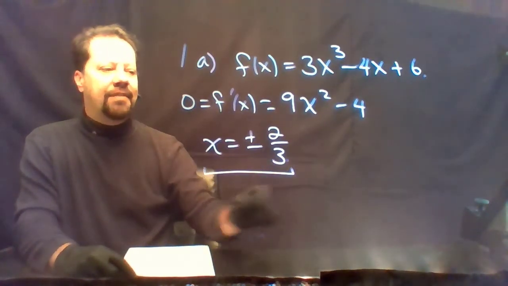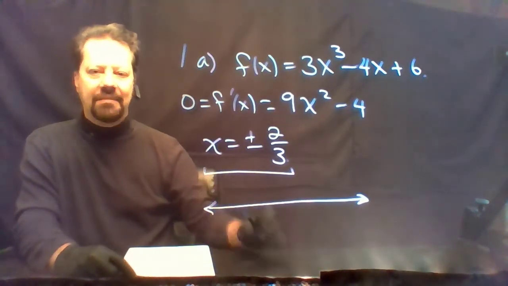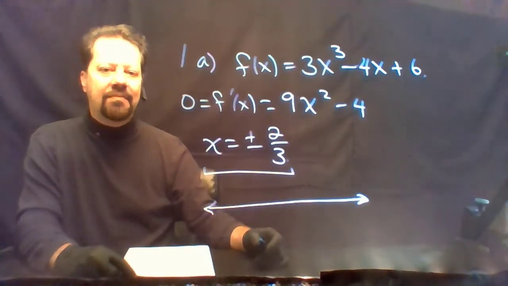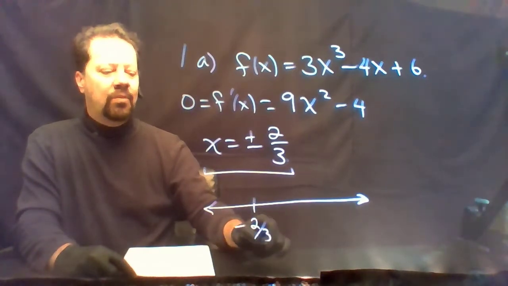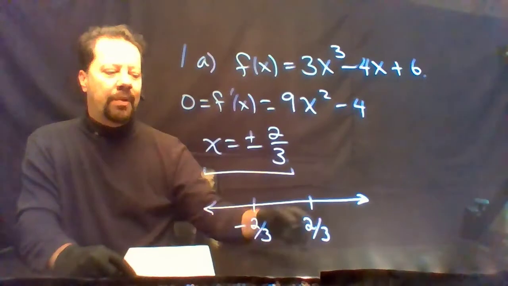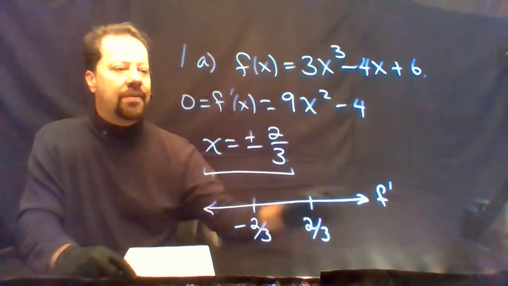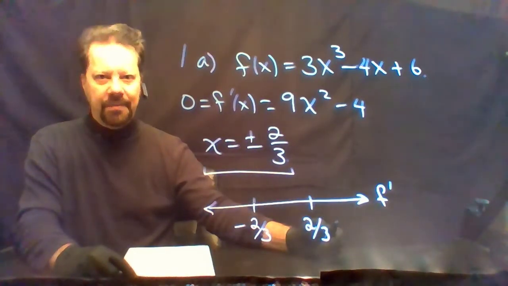Now that we have the critical points, we can use any method we'd like. I haven't told you to use either the first or second derivative test, so you may use either one. We'll plot, in this particular case, the critical points on the number line, and then evaluate the first derivative at points in each of the resulting 3 intervals.